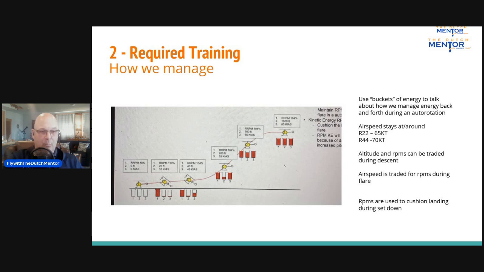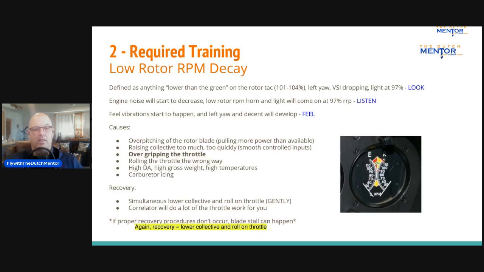When you are less than 8 feet above the ground, as your rotor RPM decays, you are going to be settling on the ground at a safe speed and altitude that it becomes survivable. This is the key to flight that we need to learn throughout the entire program, right? It's really about that energy management itself.